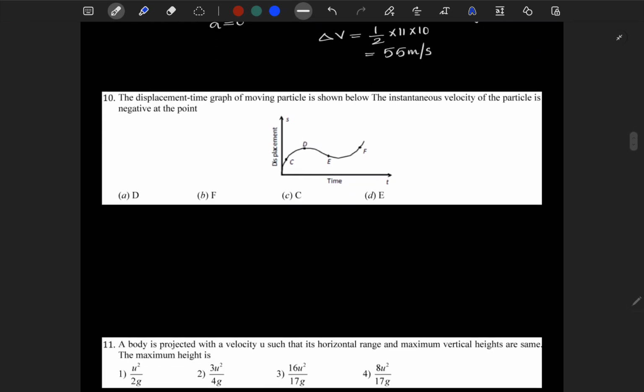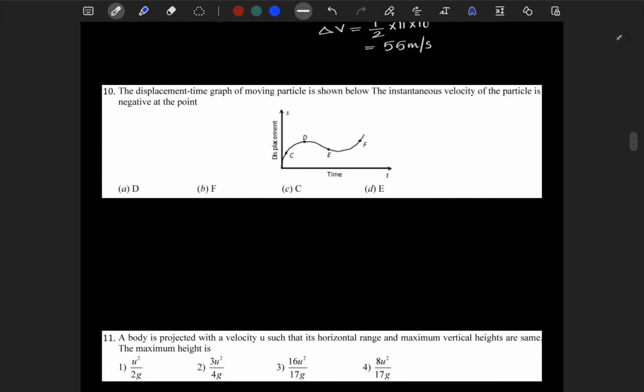Let's jump on to question number 10. The displacement time graph of a moving particle is shown below. The instantaneous velocity of the particle is negative at the point. You are given an S versus T graph.